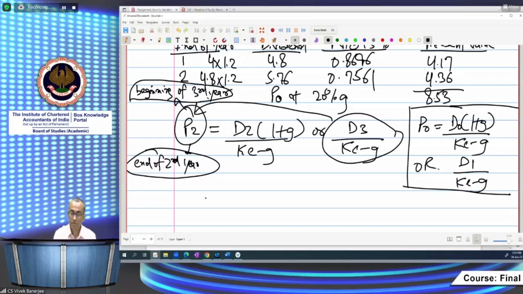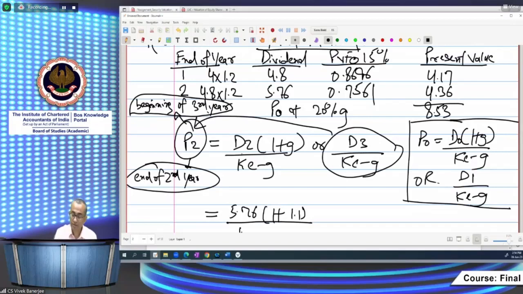Now let us put the values into the formula. Dividend at the end of the second year, 5.76, will be multiplied by the growth rate. What is the growth rate now? It is 10%, so it is 1.1, divided by K minus G. K, the discount rate, is given in the question.